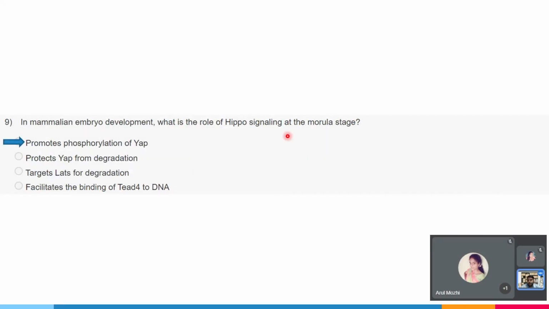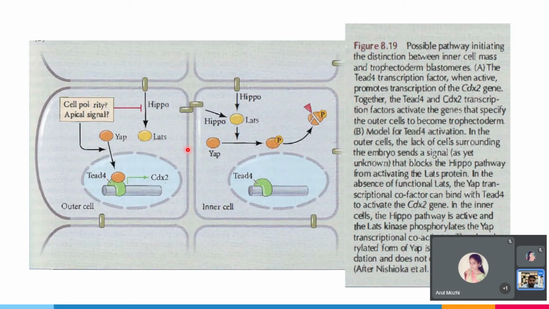So the entire discussion gives rise to this particular question. What is the role of Hippo signaling at the stage of morula? It promotes phosphorylation of YAP, which then goes ahead and helps in the transcription or not transcription of CDX2.